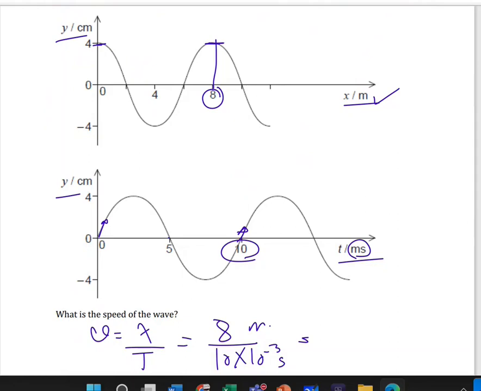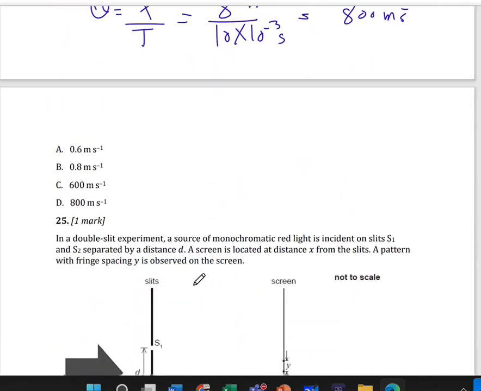So this is the answer. So the answer will be 800 meter per second, and this is G.